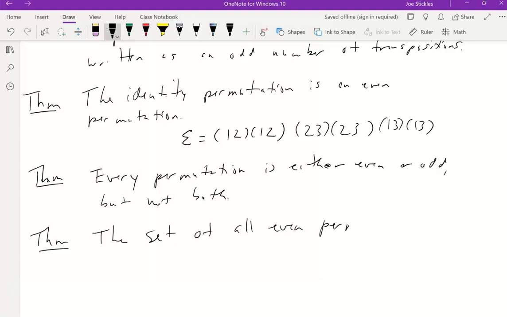The set of all even permutations of Sn, we call this An, or the alternating group, is a subgroup of Sn.